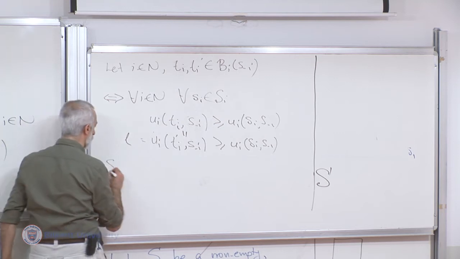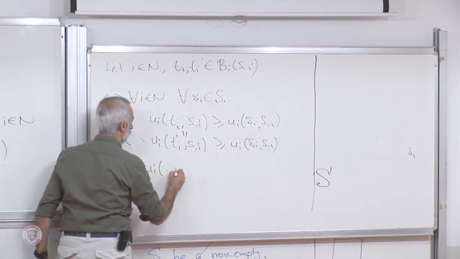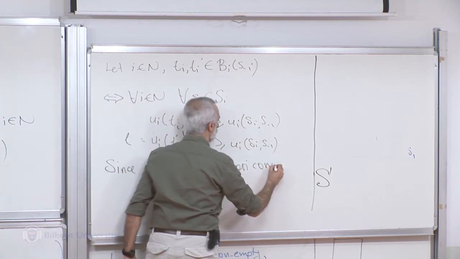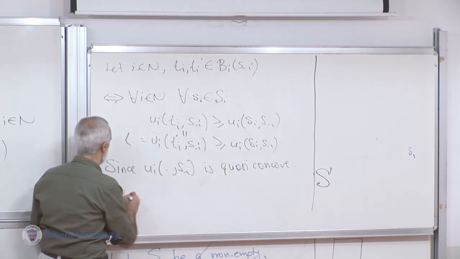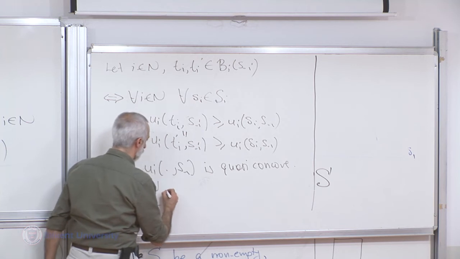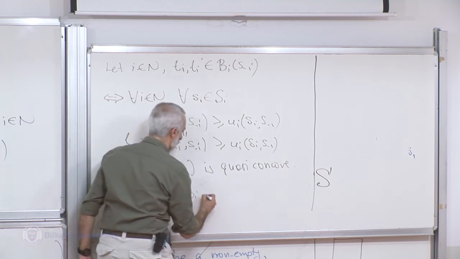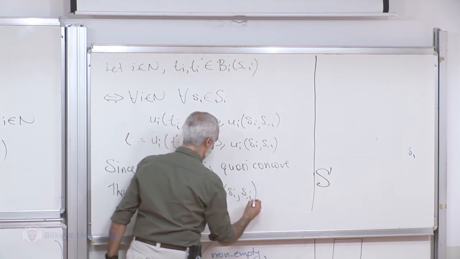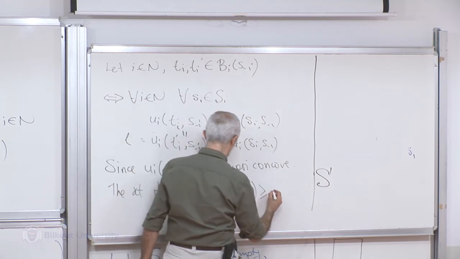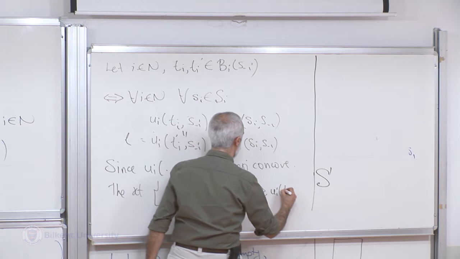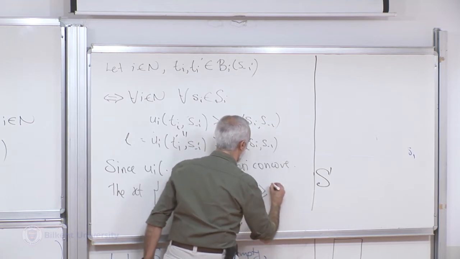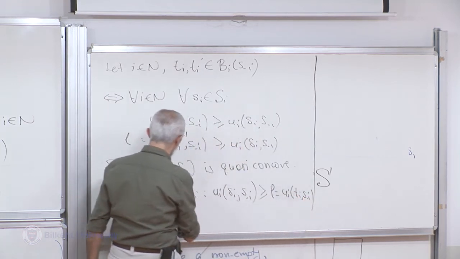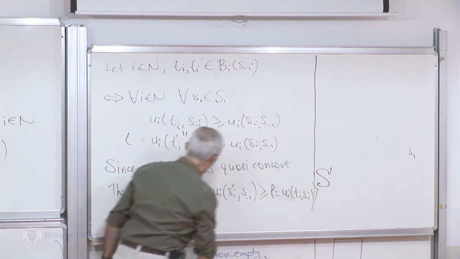So since Ui of S minus i is quasi-concave, the set of all Si in capital Si for which Ui of Si, S minus i is greater or equal to L, which is equal to Ui of Ti, S minus i, and Ui of Ti prime, S minus i, is convex.